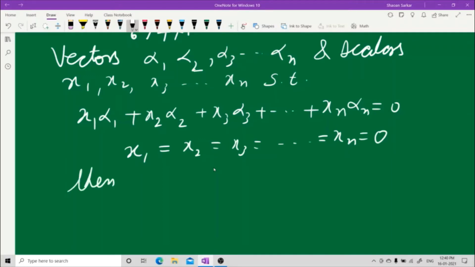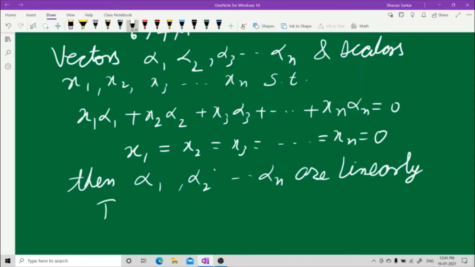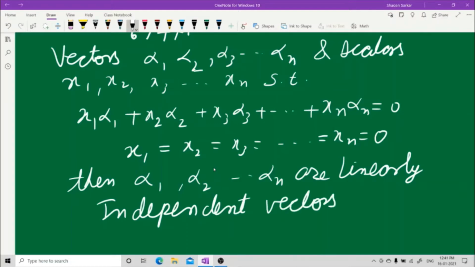Then alpha 1, alpha 2 up to alpha n are linearly independent vectors. So this is the definition of linearly independent.